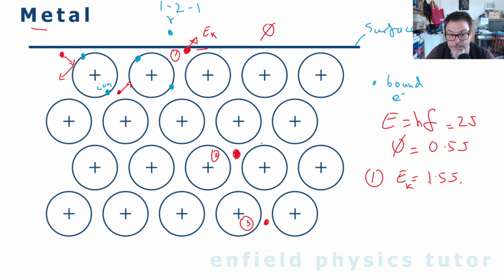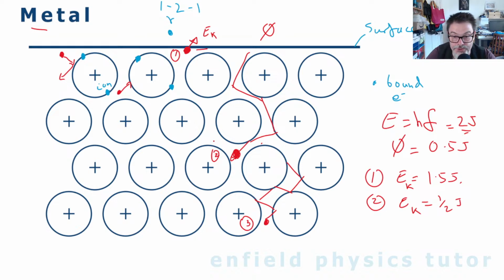It's happy, it's escaped. Electron 2, though, is going to do a few collisions before it gets to the surface, and it will have lost a bit of energy. So instead of the extra 2, it might only have an extra 1. It then loses another half to get through the work function. So electron 2 will lose 1.5 joules, which means it will come out with only half a joule. Now electron 3 is going to have a whole load of collisions before it gets to the top.